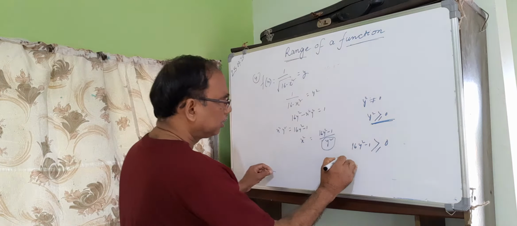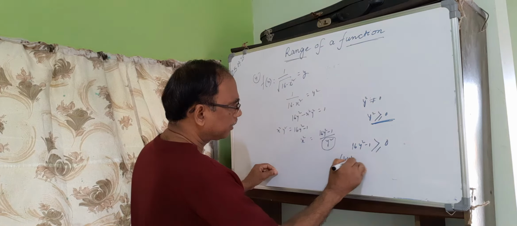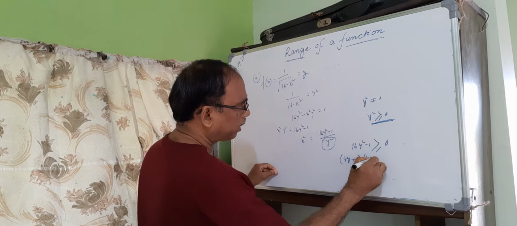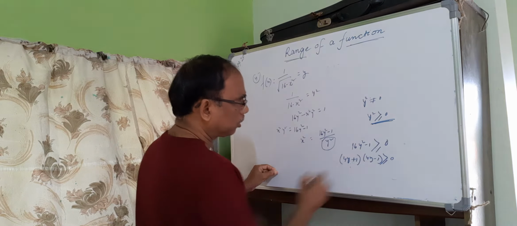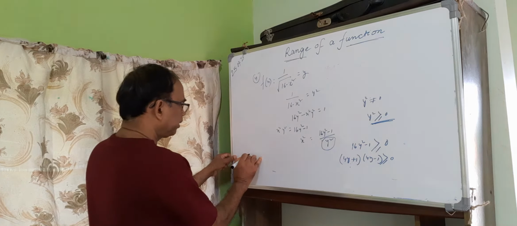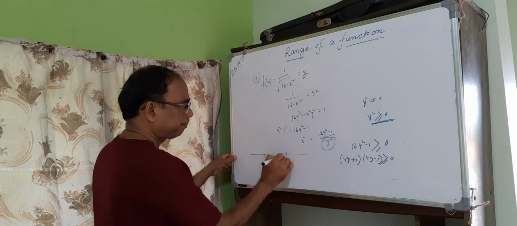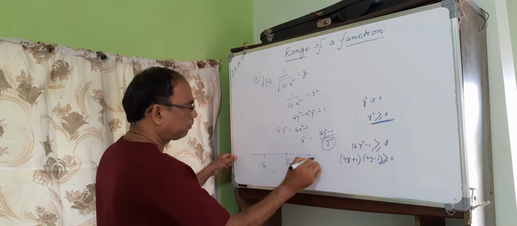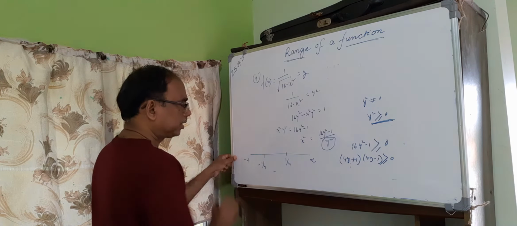Now break it: 4y plus 1, 4y minus 1 should be greater than or equal to 0. Now take your condition on the number line, minus 1 by 4, this is 1 by 4, infinity, minus infinity.